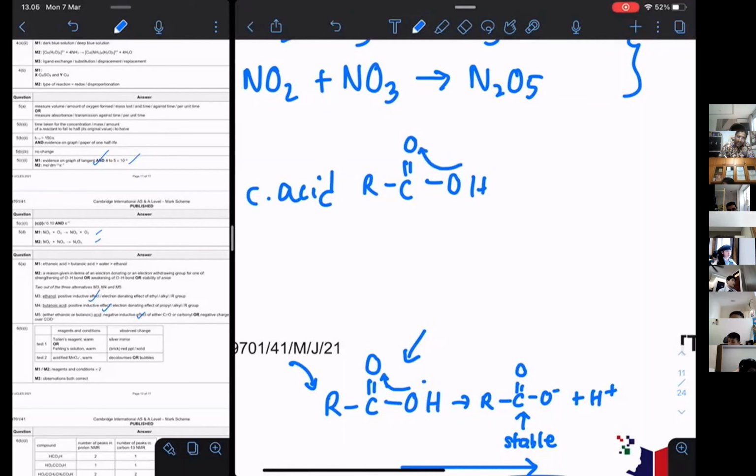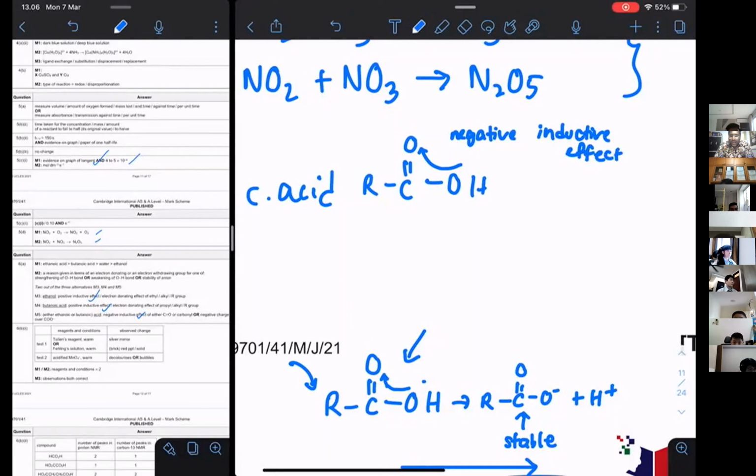So the oxygen at the carbon double bond O is going to withdraw the electron. They have this negative inductive effect, where they withdraw the electron from the OH bond.